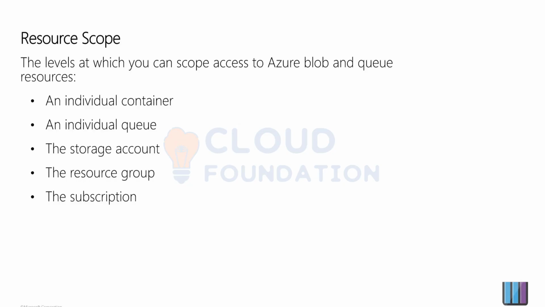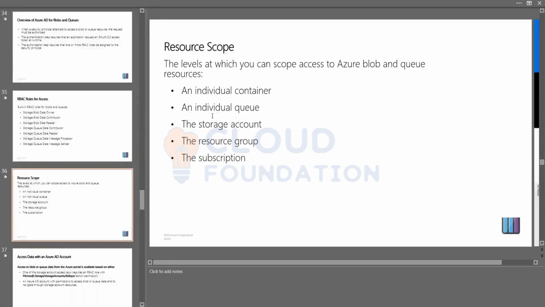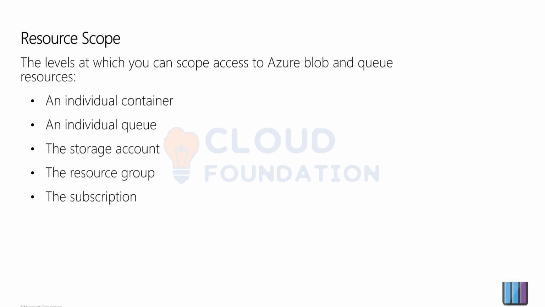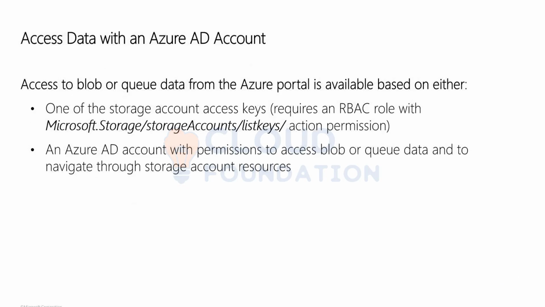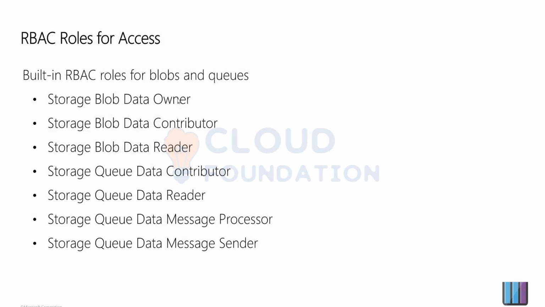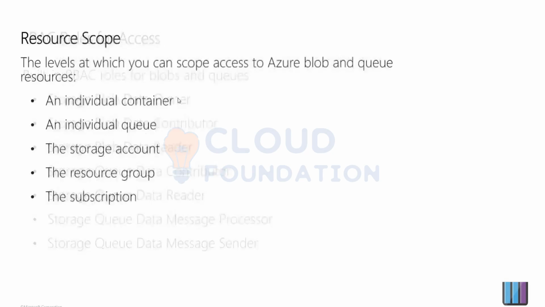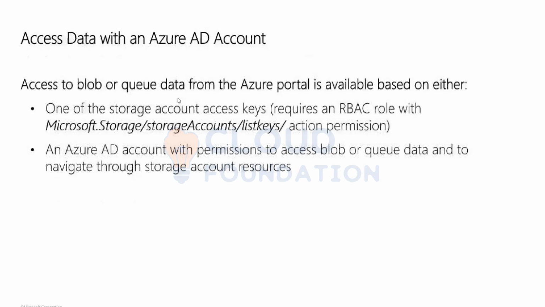We are already aware of the entire hierarchy and how this works. If you want to see the list of keys, you can specify the storage account list keys, where we can see all these role-based access control permissions.